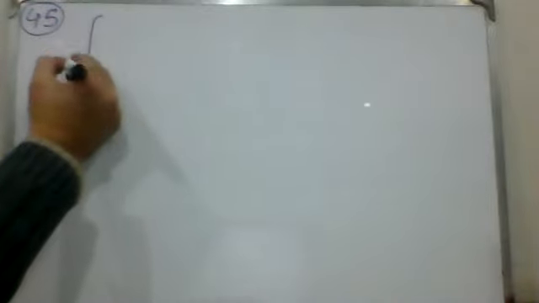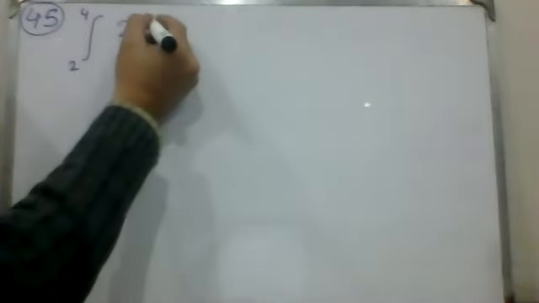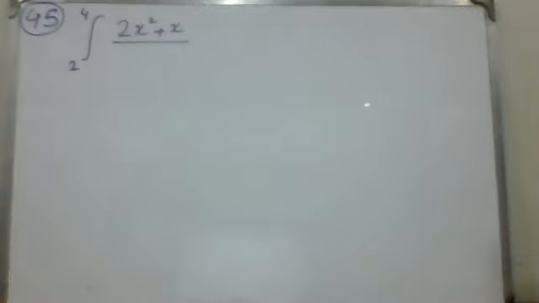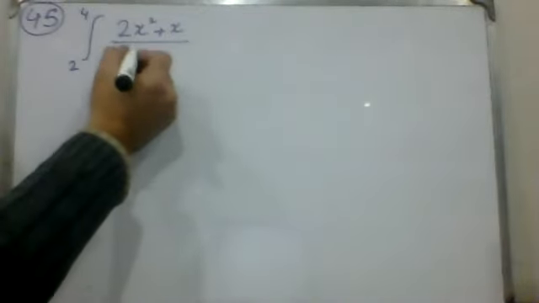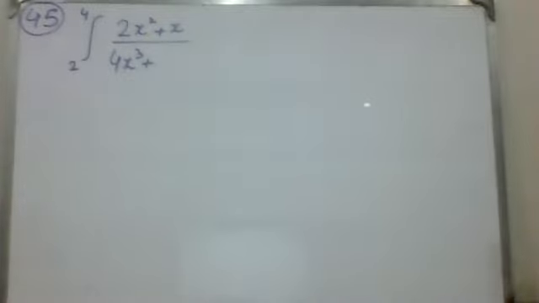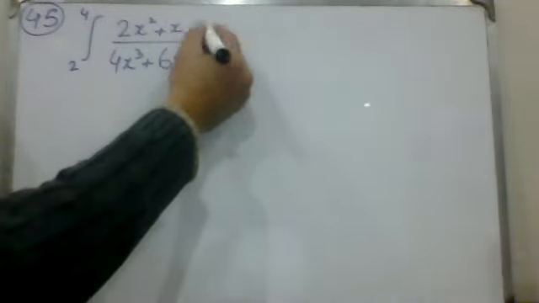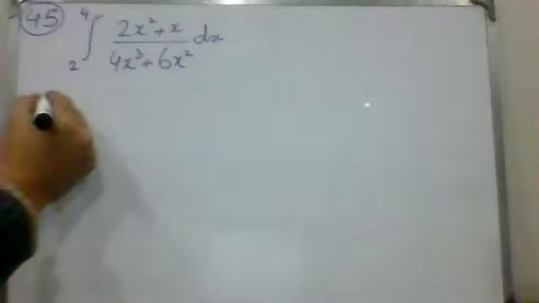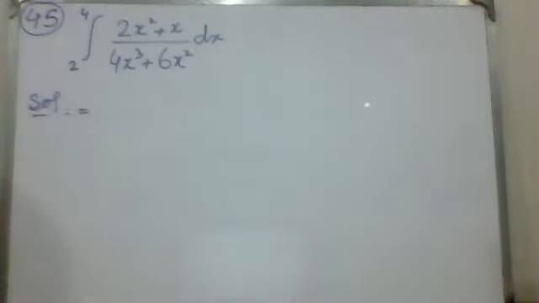Now you can see the question number 45. 45 says that limit 2 to 4, 2x square plus x divided by 4x की power 3 plus 6x square dx. Solution. हाँ जी, कौन बताएगा बच्चे कैसे सॉल्व करेंगे?